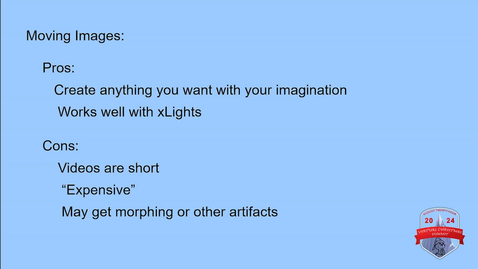Another con with moving images is it's expensive, quote unquote. With Leonardo.ai, you get 150 tokens a day, which if you budget it out right is a lot of tokens, and you can get a lot done if you say, all right, I'm going to put AI images into my show. But you better not wait to the last minute because you'll run out of tokens doing repeats.